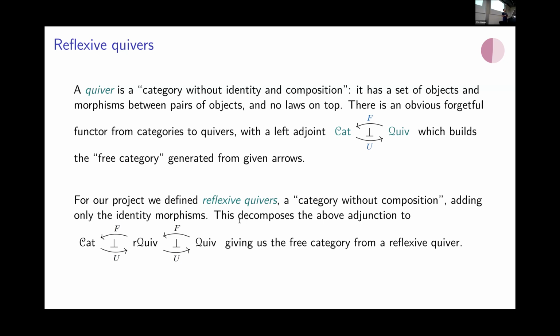But you do have the category of reflexive quivers and then reflexive prefunctors. So they're just mapping identities to identities. And so you can do basically the same thing. You have these forgetful functors going this way, and then you have free constructions going the other way. And so this gives us, given a reflexive quiver, we can construct a free category.